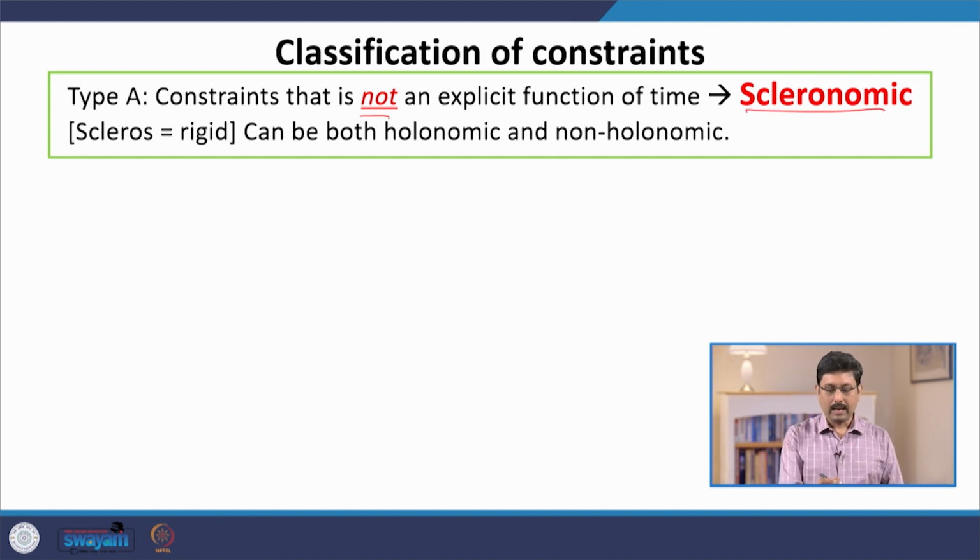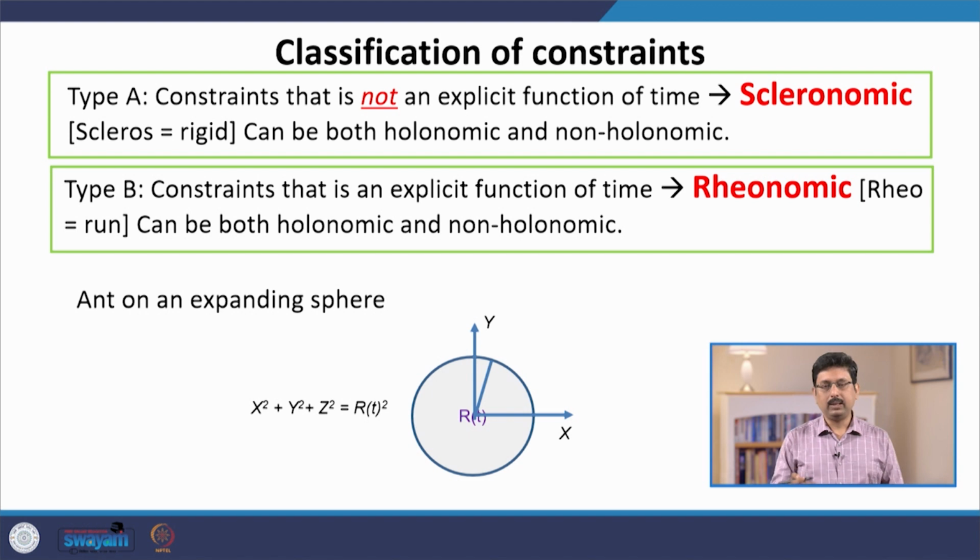This way of looking at the constraint is independent of holonomic versus non-holonomic, so these can be both holonomic as well as non-holonomic. Similarly, the other possibility is a constraint that is an explicit function of time, and those are called rheonomic constraints. Again, they can be both holonomic as well as non-holonomic.